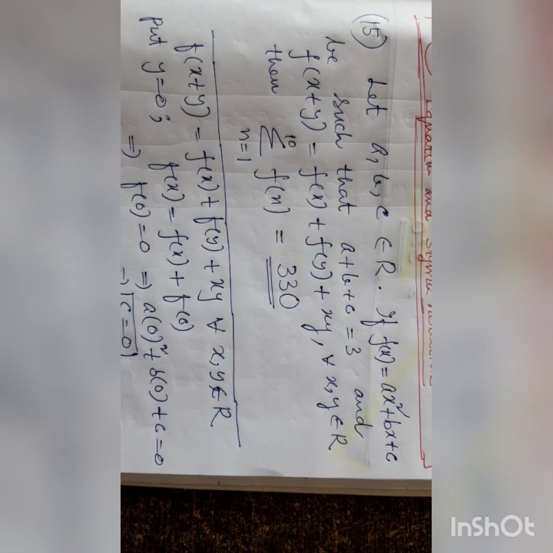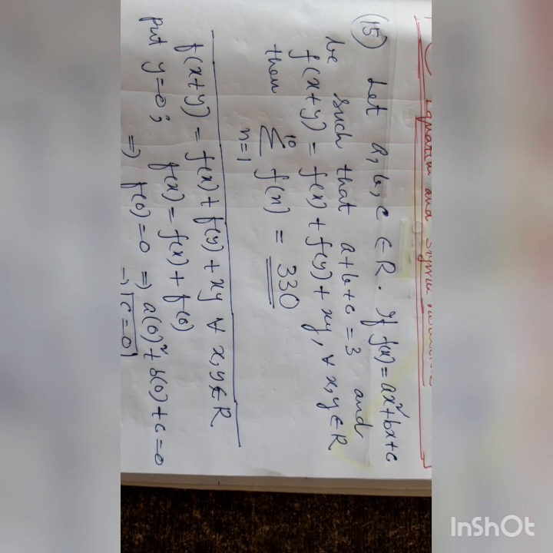Let a, b, c belong to R. If f of x equals ax square plus bx plus c is such that a plus b plus c equals 3 and f of x plus y equals f of x plus f of y plus xy for every x, y belongs to R. This is a real valued functional equation given in the question.